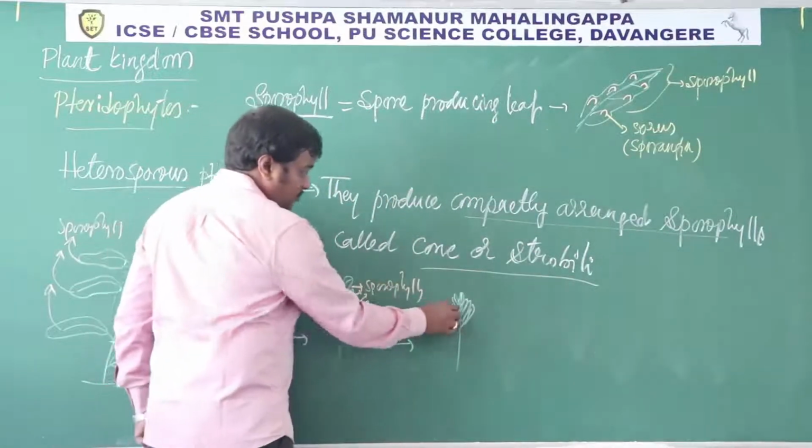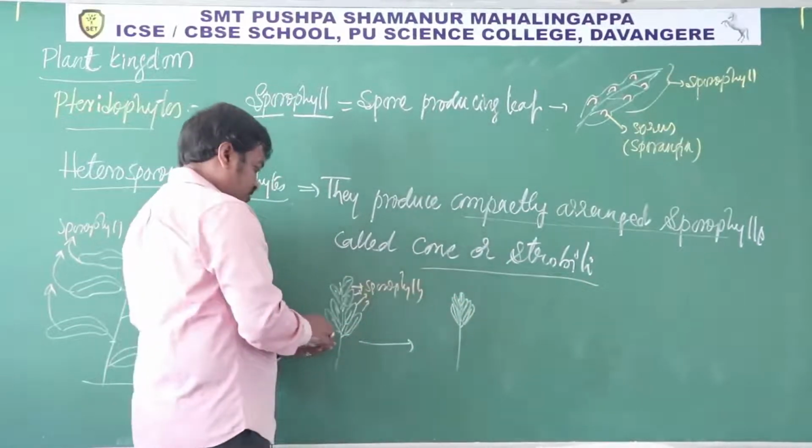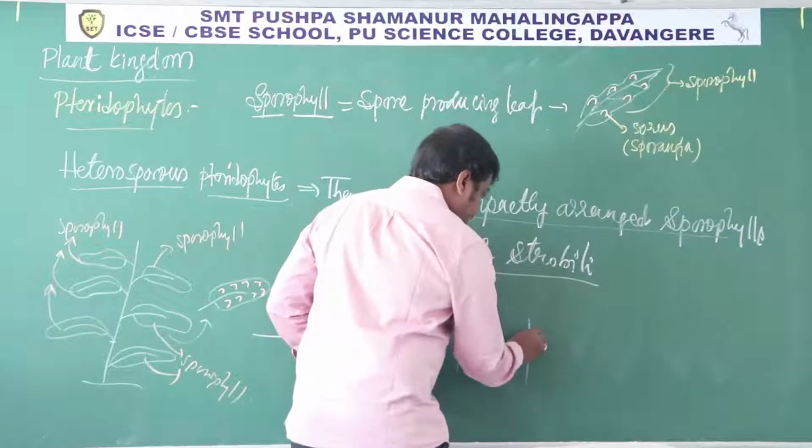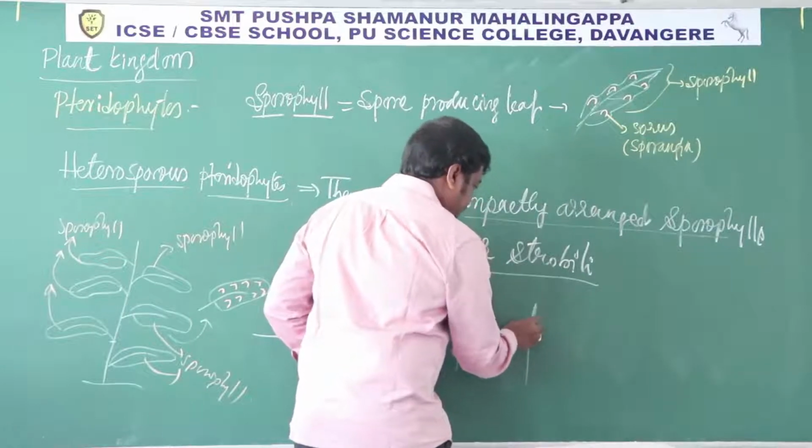See that the same sporophylls are now compactly arranged. This is a further development into a still more compact structure.